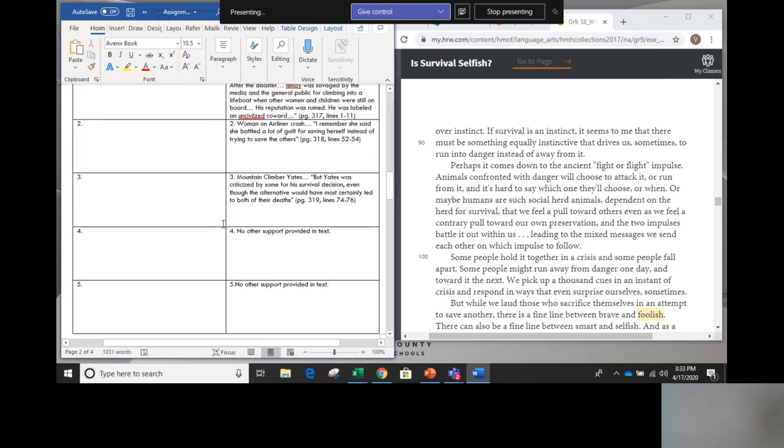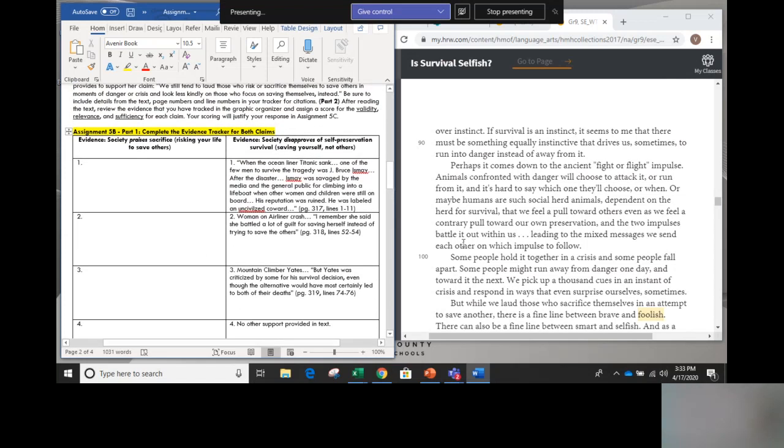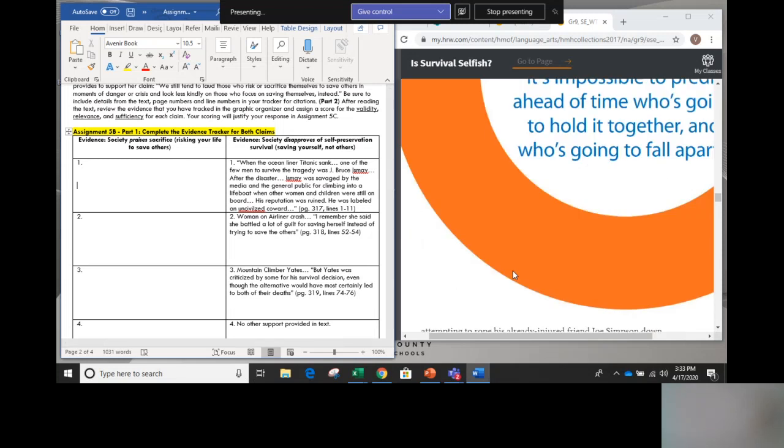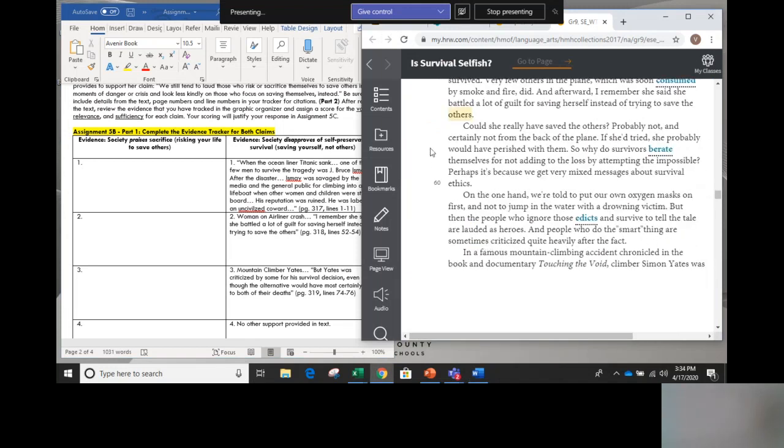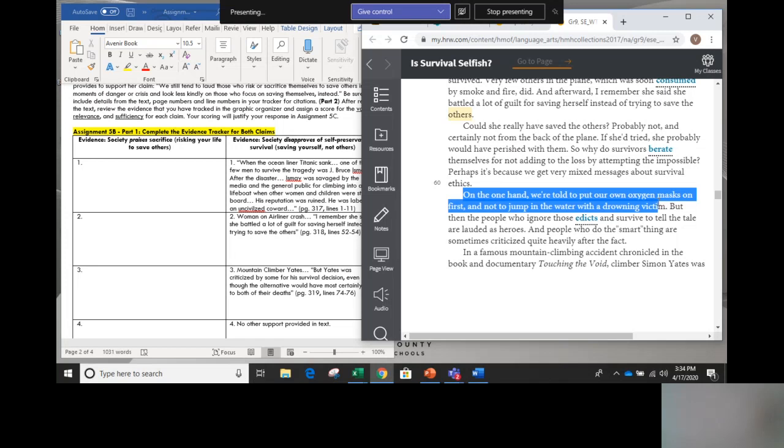Now, I didn't go over any of these parts here, but I'm going to just quickly run back. There were not very many instances where the author talks about how society praised that self-sacrifice, but one of those ways was back on line 61 to 64, which is up here. On one hand, we're told to put our own oxygen mask on first and not to jump in the water with a drowning victim.